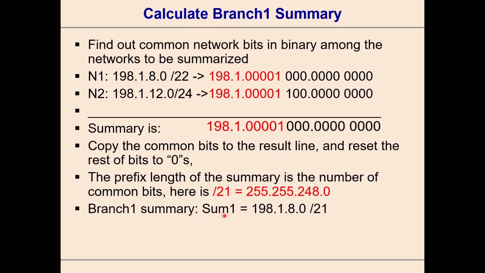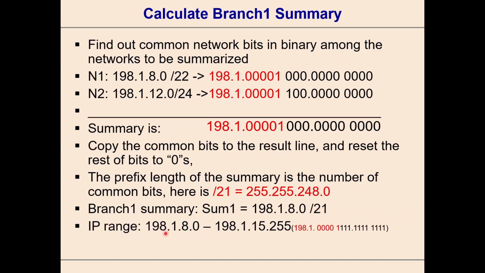Use sum1 representing the branch 1 summary, that is 198.1.8.0/21. This summary network actually claims an IP range from 198.1.8.0 all the way up to 198.1.15.255. The range is calculated when the host portion takes the lowest value, all 0s, that is 8.0.